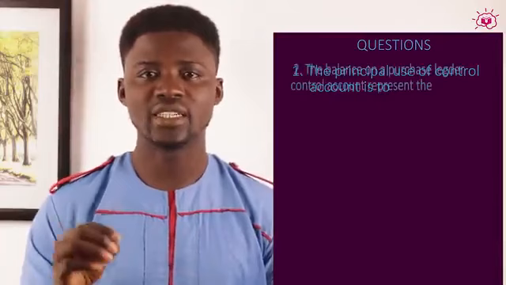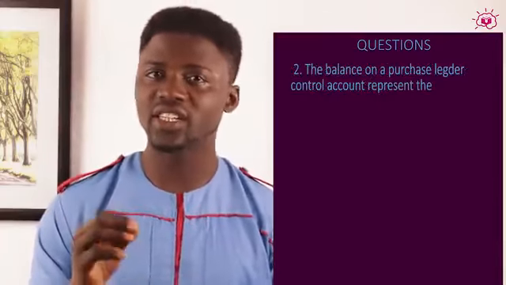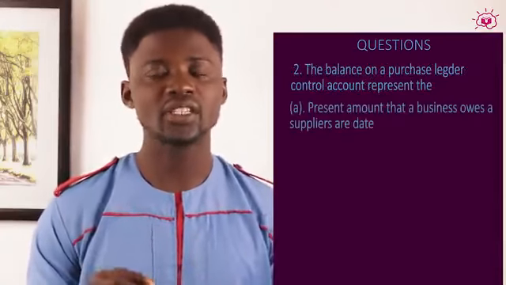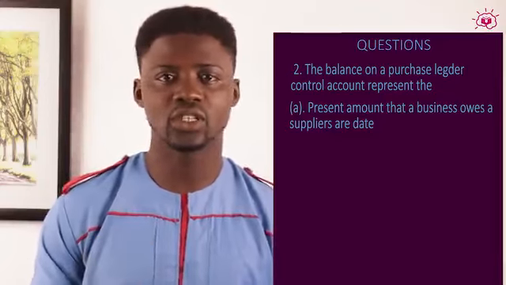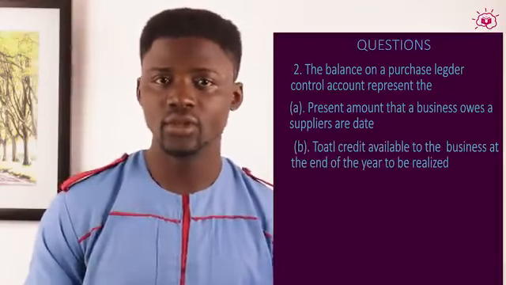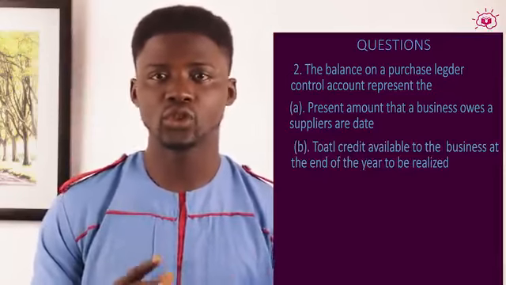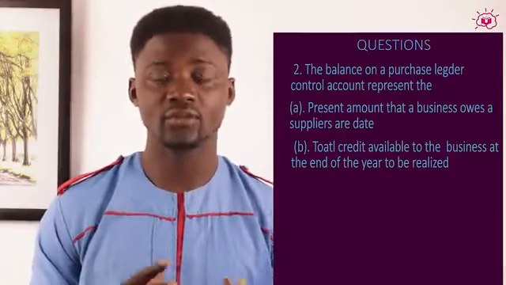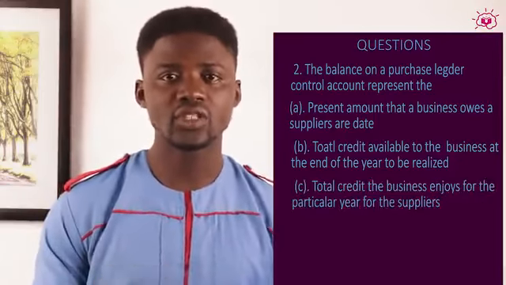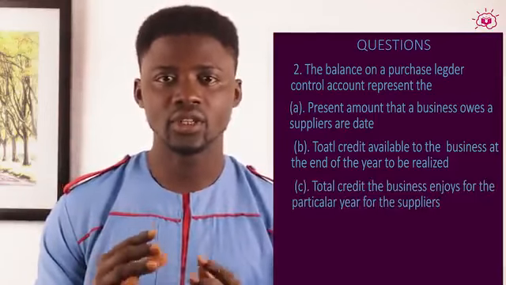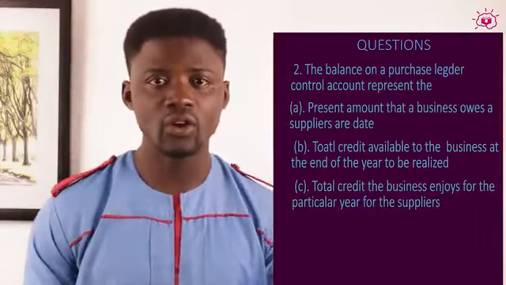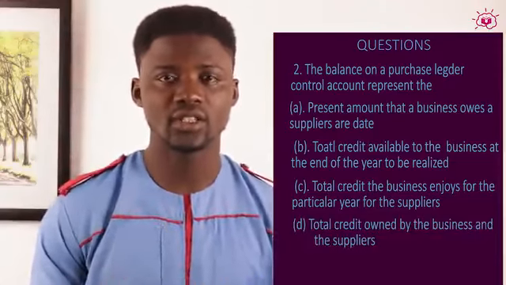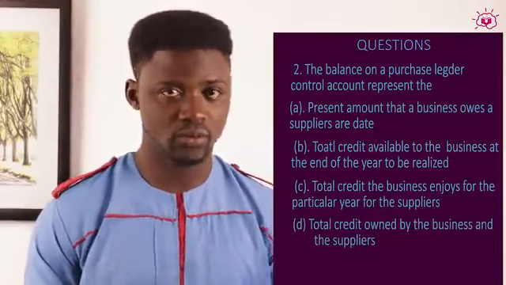Question 2. The balance on a purchase ledger control account represents the: A. Present amount that a business owes its suppliers at date, B. Total credit available to the business at the end of the year to be realized in figures, C. Total credit the business enjoyed for the particular year from the suppliers, and D. Total credit owed by the business to its suppliers.